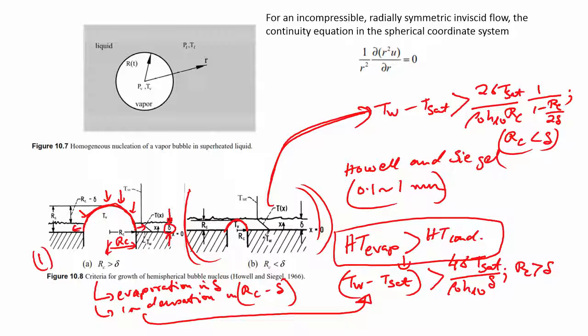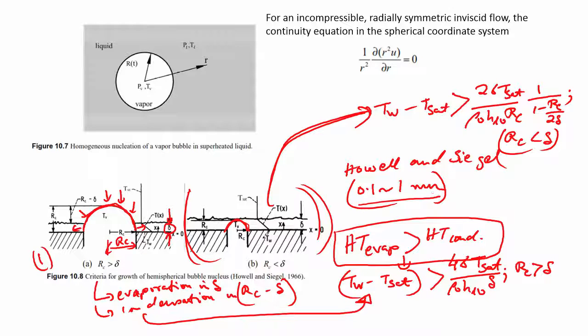Okay. So, this is what for heterogeneous bubble growth was first given by Hsu and Griffith, who showed one comprehensive relationship for what kind of cavity sizes will be active, depending on the thermal boundary layer thickness. On the other hand, Howell and Siegel considered two extreme cases, one in which the bubble is protruding out, and the other in which the bubble is completely confined within the thermal layer.